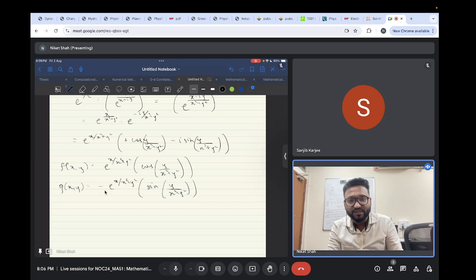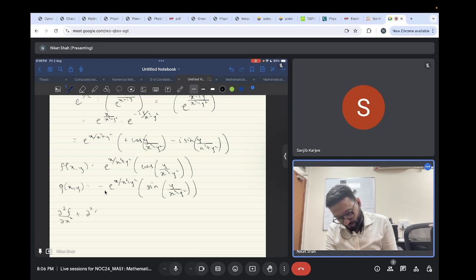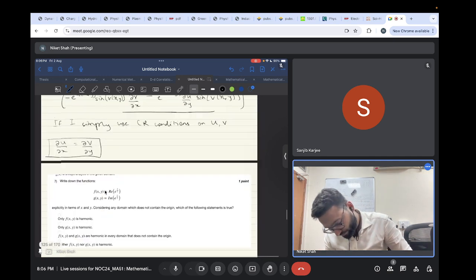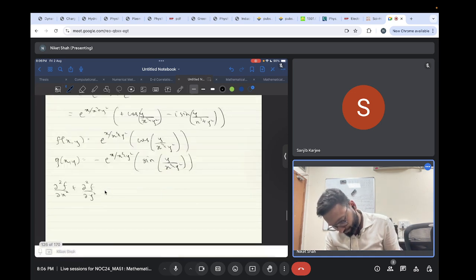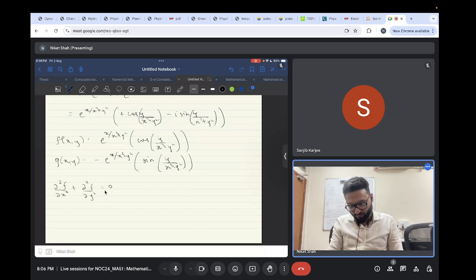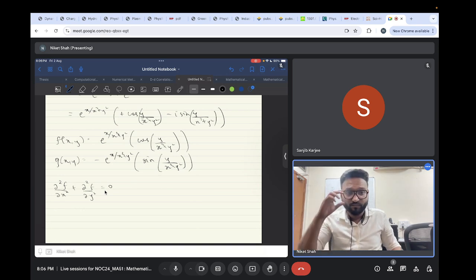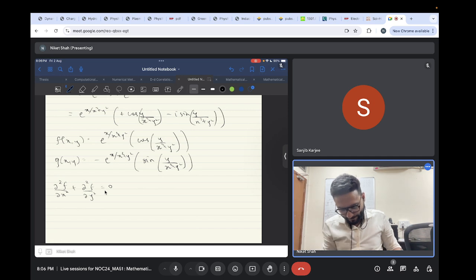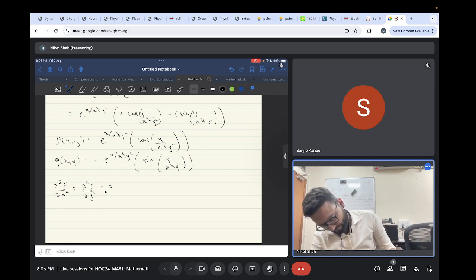We need to check whether the function satisfies Laplace equation: del square f by del x square plus del square f by del y square. So del square f by del x square, how do we do that?